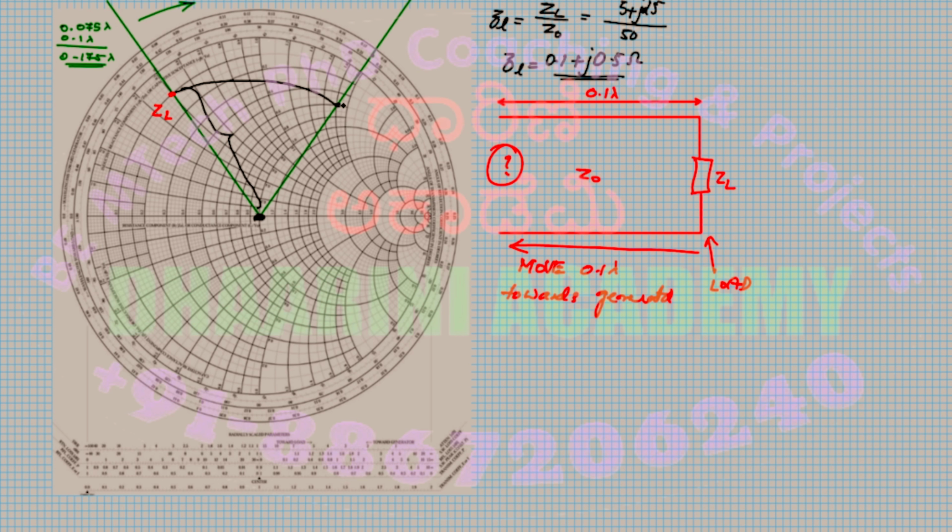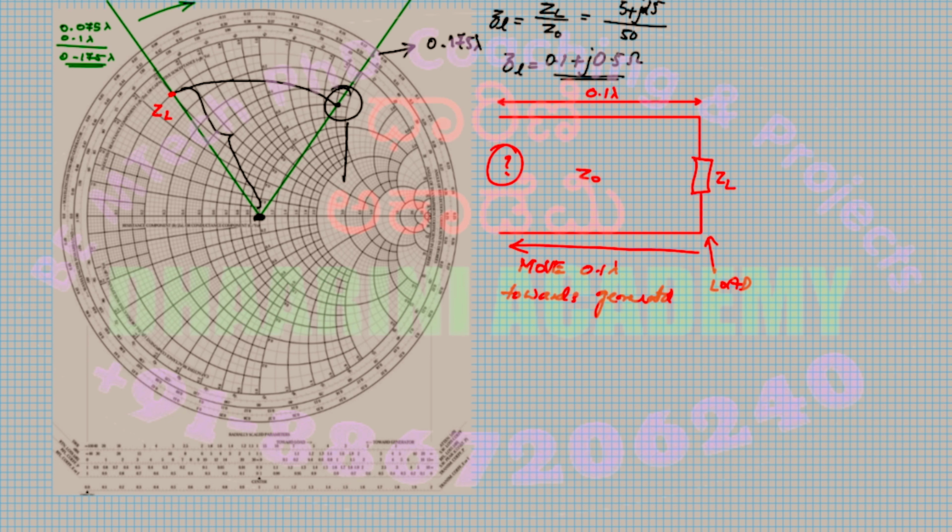Mine is not accurate, so I don't want to read this value. This point I'm marking now: after drawing a circle, the circle intersects the second straight line at a point.